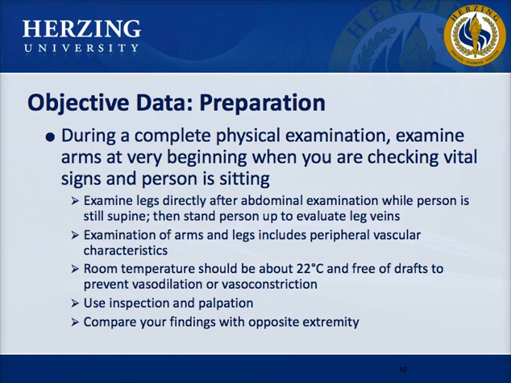Assess for edema or clubbing, capillary refill, and radial and brachial pulses. Next, assess the legs, noting color, hair distribution, venous pattern, and size. Palpate the temperature of the feet and legs, the inguinal nodes, and the femoral, popliteal, posterior tibial, and dorsalis pedis pulses.